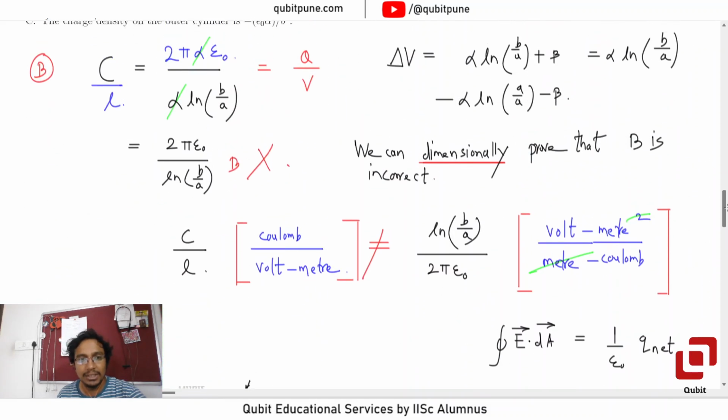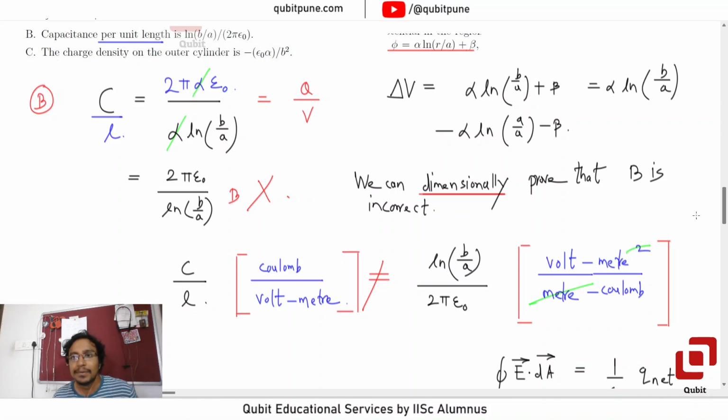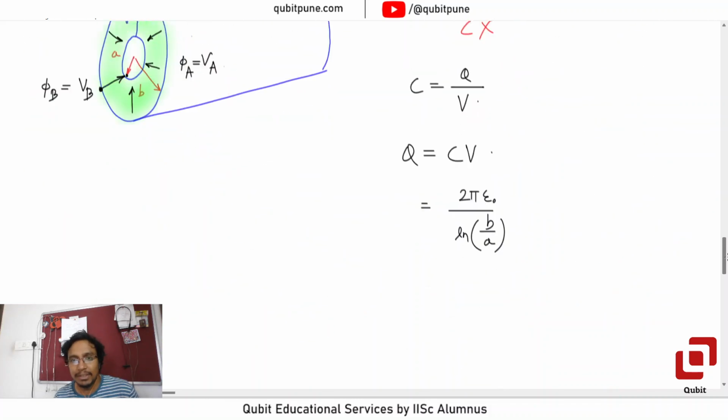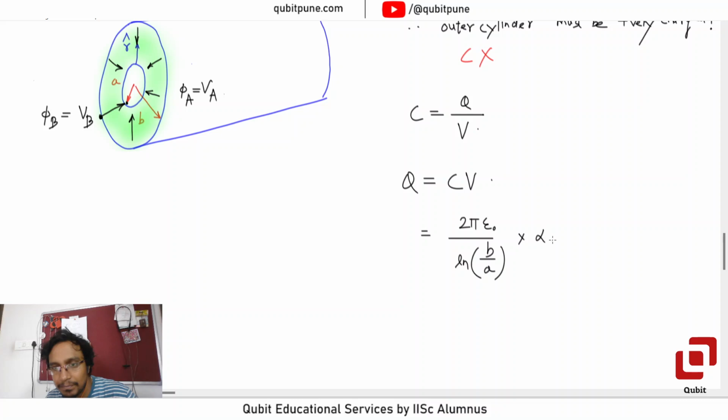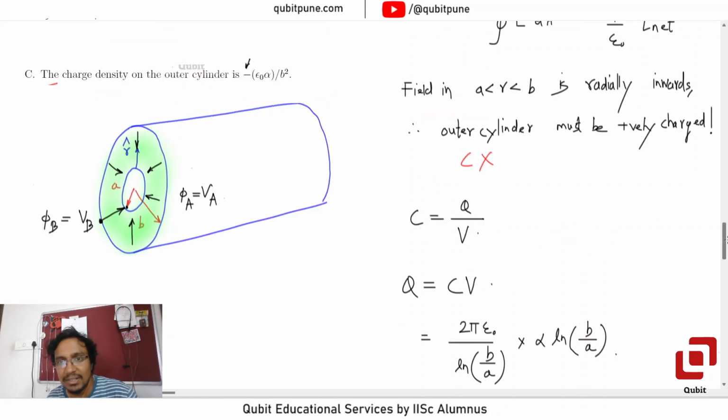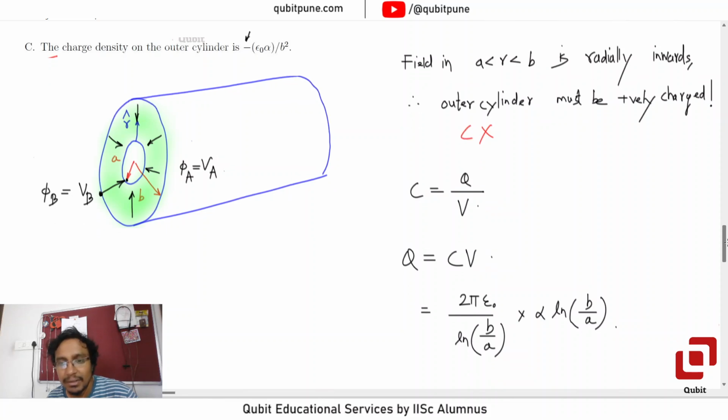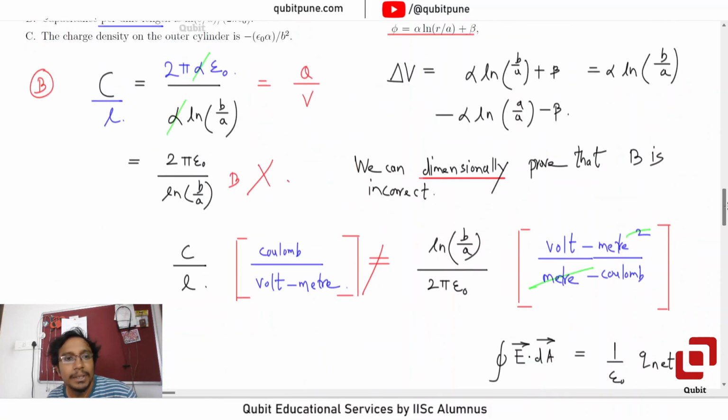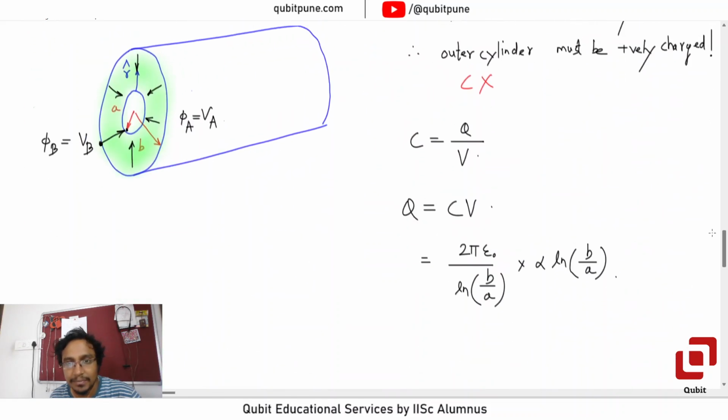V is potential difference, alpha ln b upon a. Okay. Suppose this will be charge density itself. Right. Yeah, C by L is there. Okay, we have anyway calculated as C by L. So maybe we need to multiply this by L.